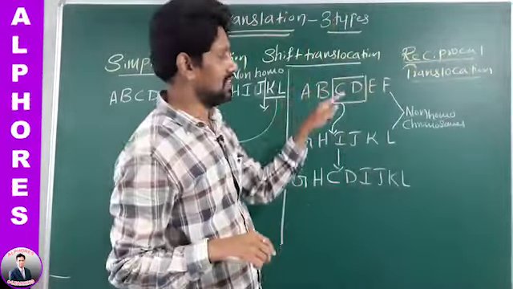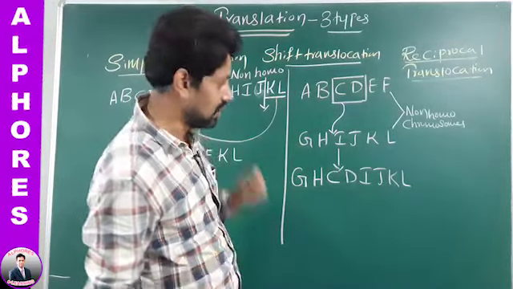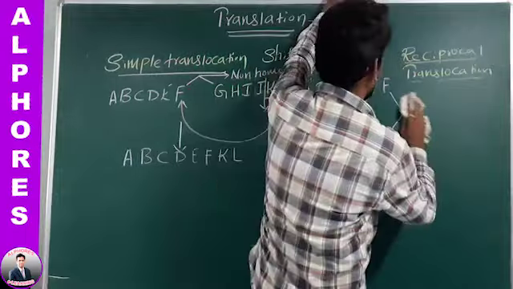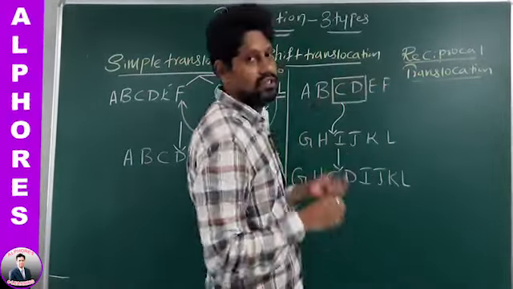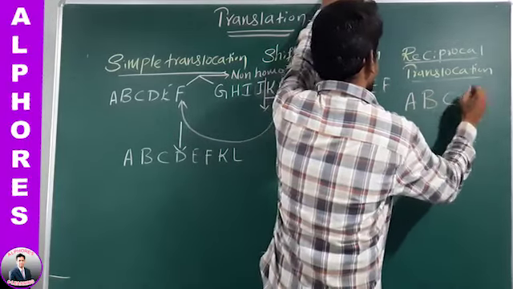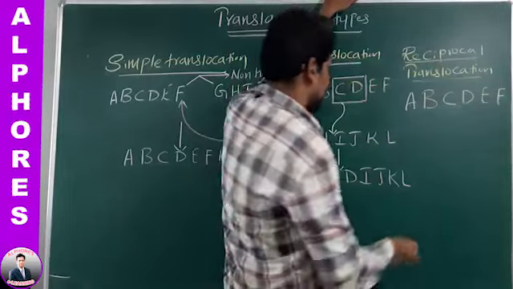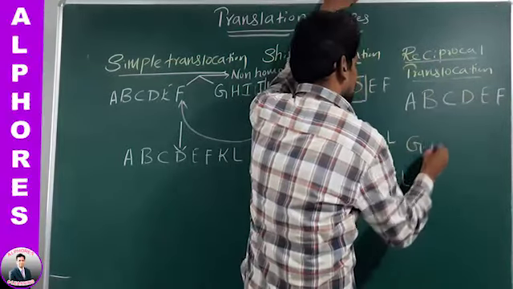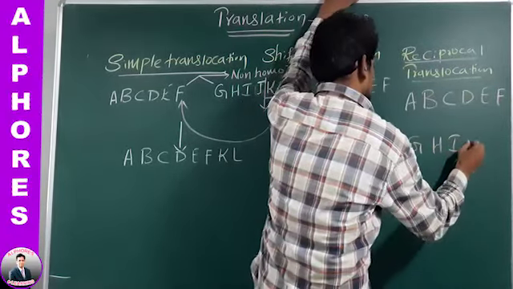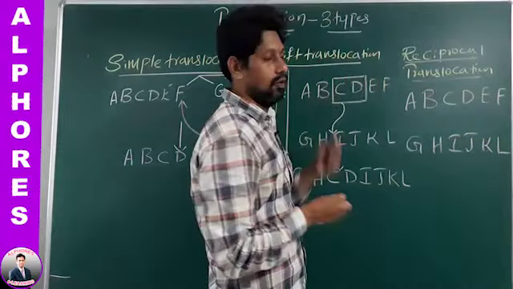What is it, sir? Reciprocal translocation. Now you see here, A, B, C, D, E, F. This is one chromosome. G, H, I, J, K, L. This is another chromosome.